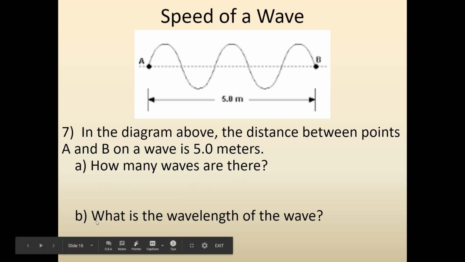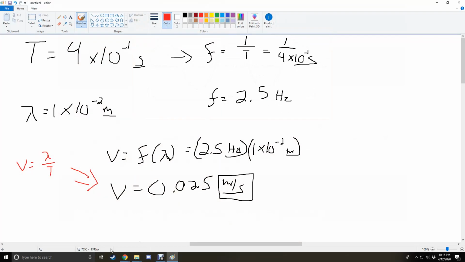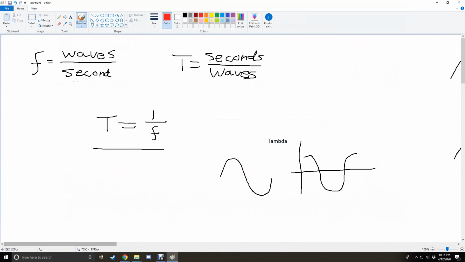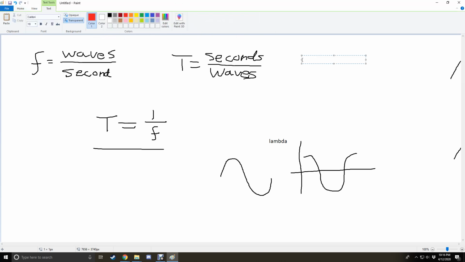Now, for part B, it wants to know what the wavelength is. Now, I didn't mention a specific equation for this, but if we go back to these two equations, we can actually do something similar. As I said, these equations come from the definition, and I just called wavelength as length of a wave.